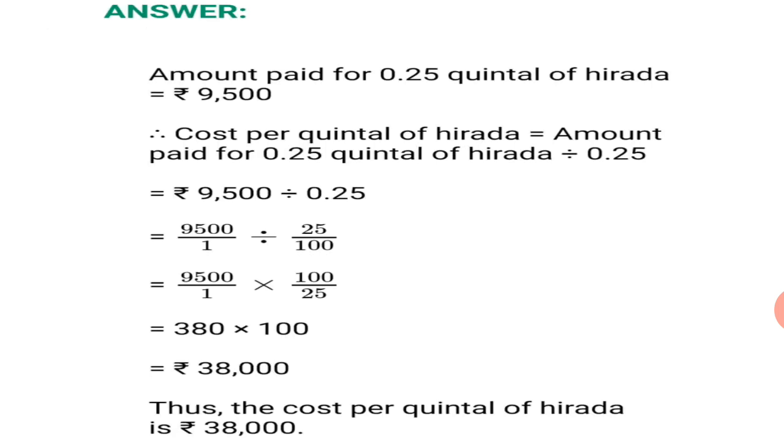So let's see. Amount paid for 0.25 quintal of Hirada is equal to rupees 9,500.